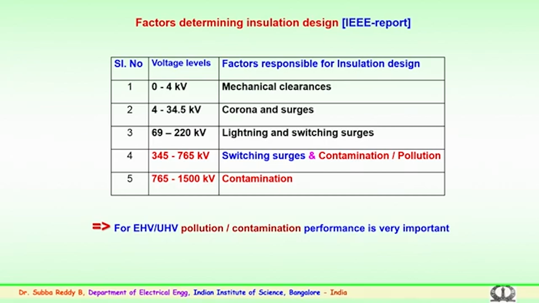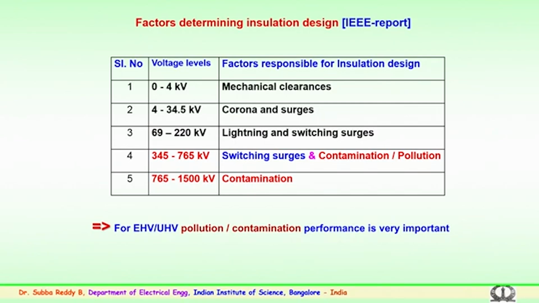The insulation design engineer has to keep in mind the various factors responsible for the design at a particular voltage level. Coming up, above 66 kV to 220 kilovolts, we have to consider lightning and switching surges, which we previously looked at. Lightning is a natural phenomenon, and switching surges may happen because of the closing and opening of circuit breakers in the transmission network, and so on.